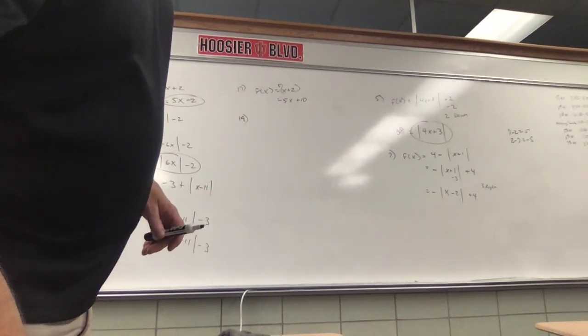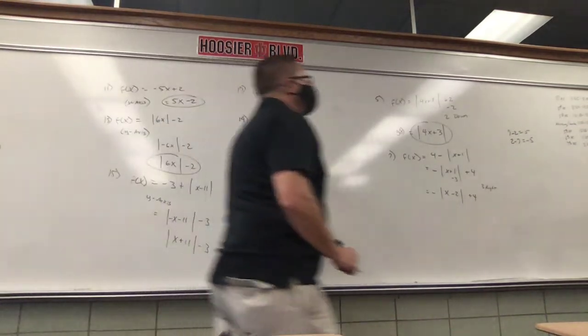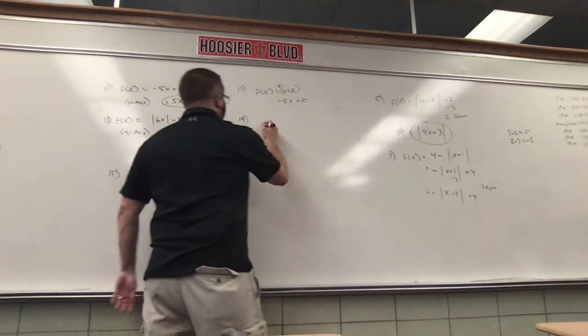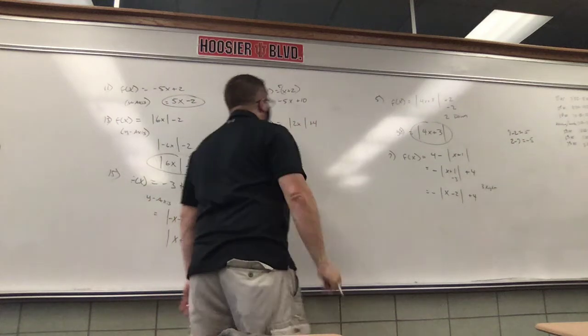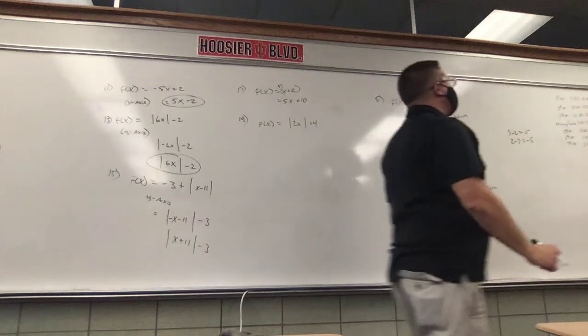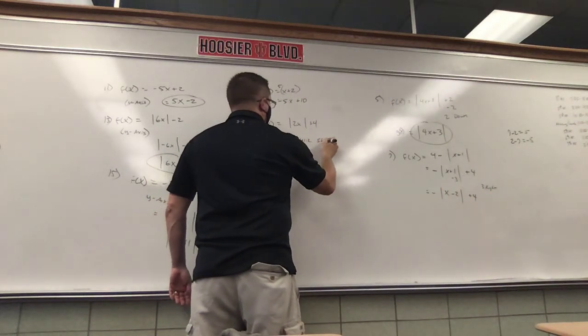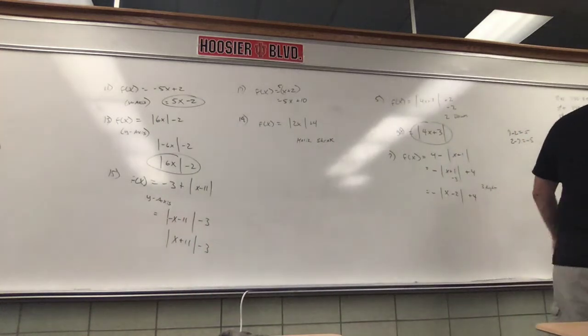19. Then we'll start on 27 tomorrow. Okay, so 19. We have 2x plus 4. F of x times 2x plus 4. And what are we doing here? Horizontally shrink by a factor of a half.